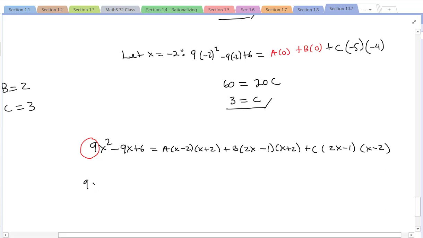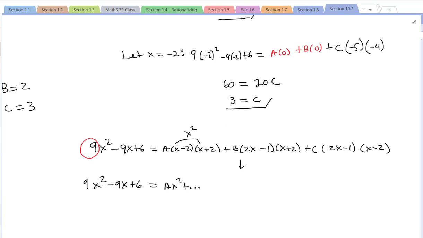If we were going to multiply everything out, what will the x squared term be here? If we multiply this out, the x squared term is just x squared, so I'm going to have ax squared plus other stuff. Since I already have B and C, I'm only going to look to find A by equating the quadratic coefficient, because that's my easiest one to find.